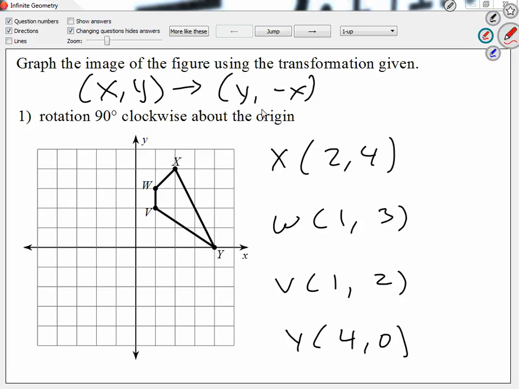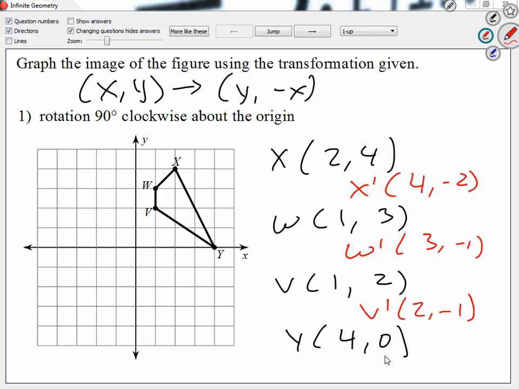So I know that the rule is (x, y) becomes (y, negative x). For X prime, I'm going to write (4, negative 2). What do you guys get for W prime? (3, negative 1). Nice. What do we get for V prime? (2, negative 1).